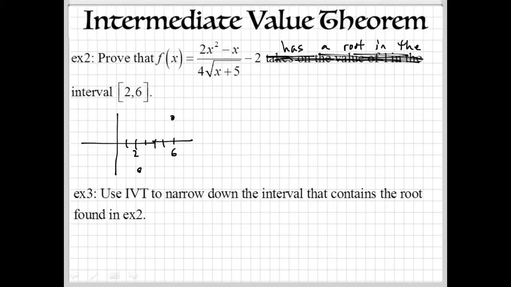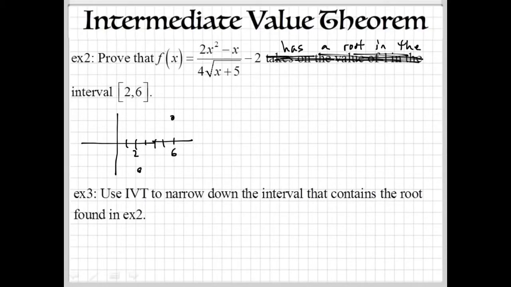Now keep in mind too, we don't know what this line's going to do between these 2 points. It could go right here and then connect. I don't know if it would do that, but it can go like this and then connect, in which case we have a couple more roots, or it can go like right here. I mean, I don't know.